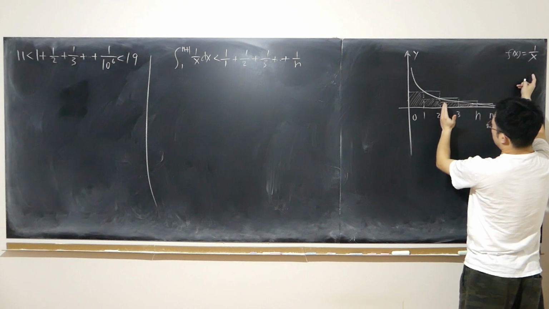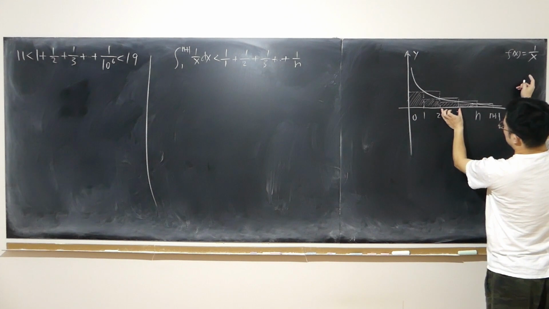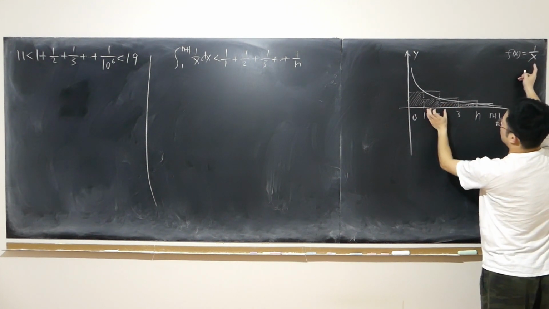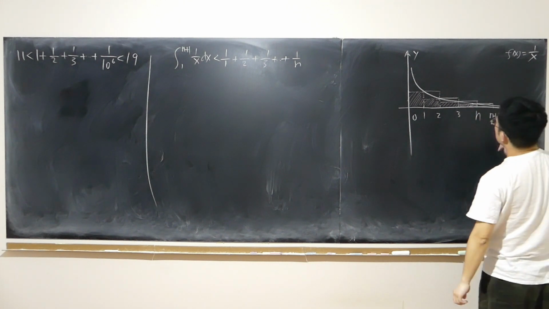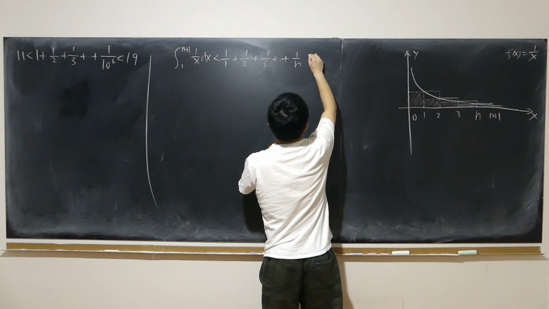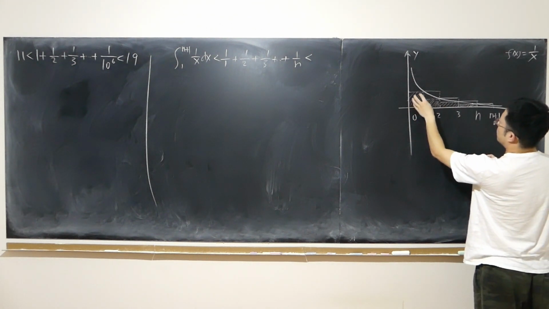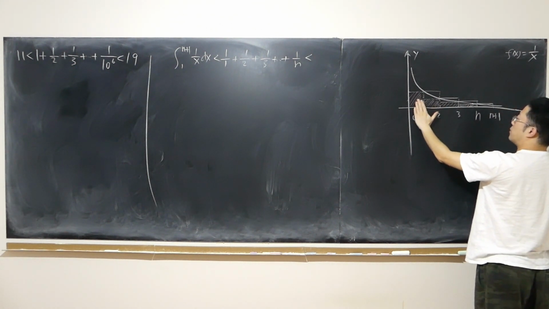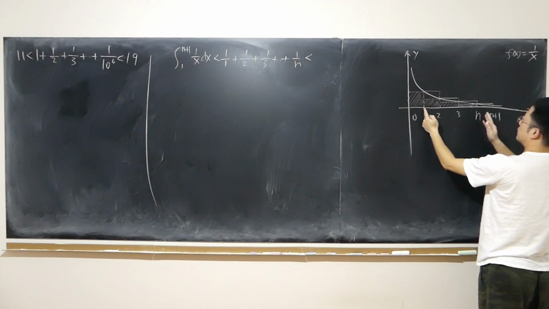For the next rectangle, I'm going to take the functional value at the right edge of this interval as its height. And for this interval, I'm also taking the functional value at the right edge, representing its height. So here, 1 over 1, 1 over 2, 1 over 3, and so on and so forth, 1 over n. That is less than the area, first this rectangle, then the area under the curve from this point up to this point.